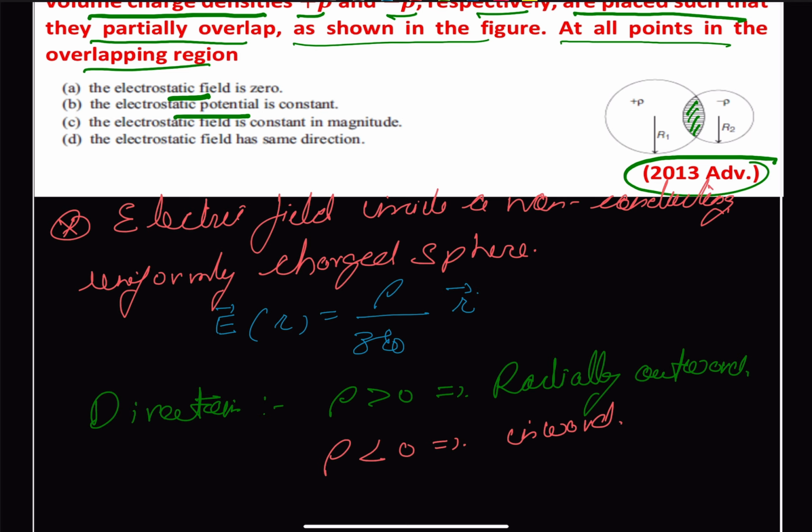And remember, we are considering a point inside the sphere, because this is the overlap area, at a distance of r. So for the overlapping region, let us consider that the position of the point is at a vector position r1 for sphere 1. Let us call this sphere 1 and this sphere 2.